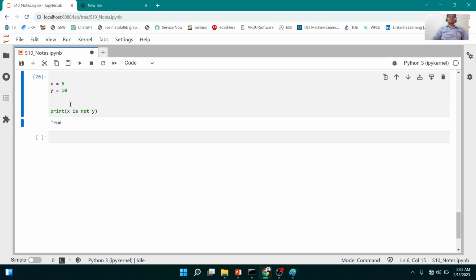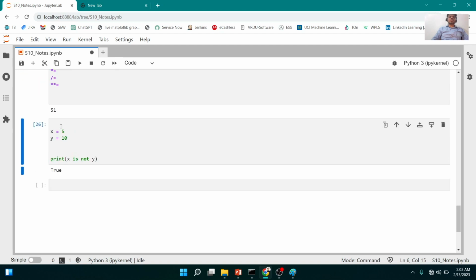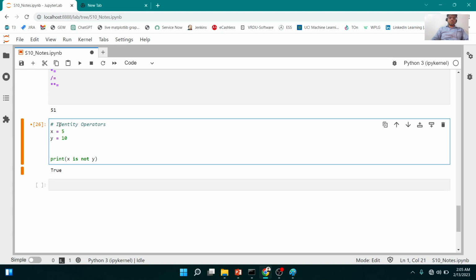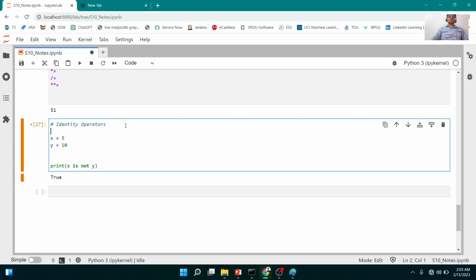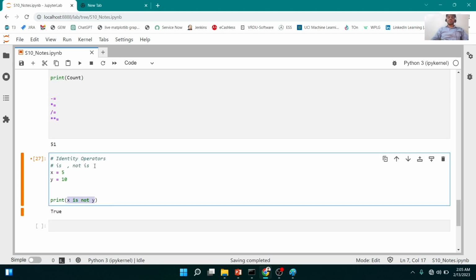So basically when you use identity operators, what you are confirming with Python is, when you check with is or is not, whether the two variables are pointing at the same location or at a different location.